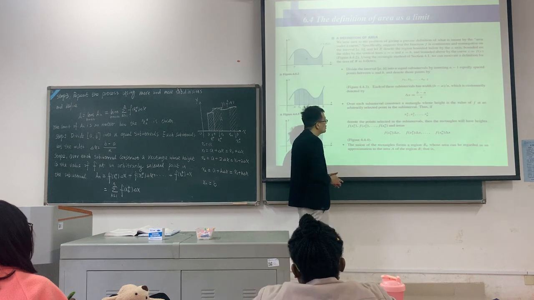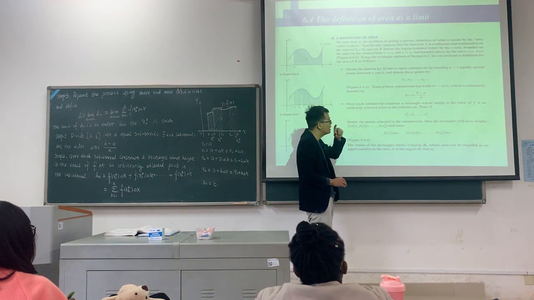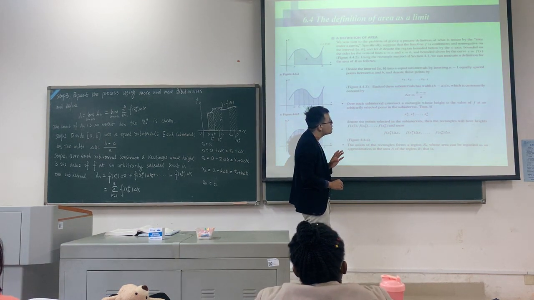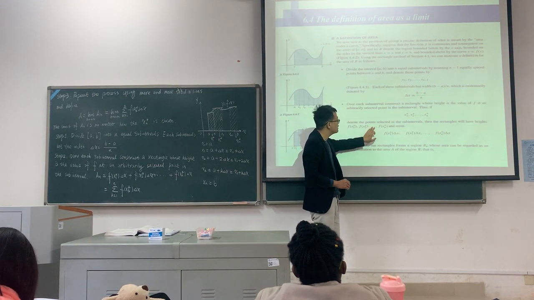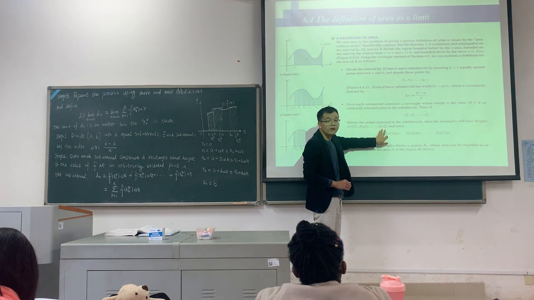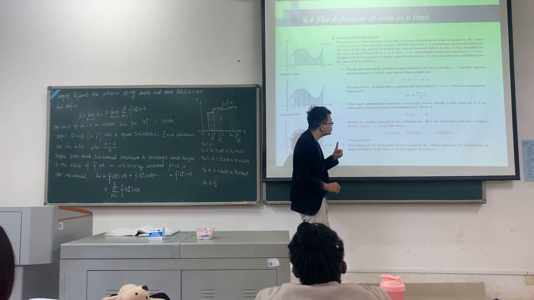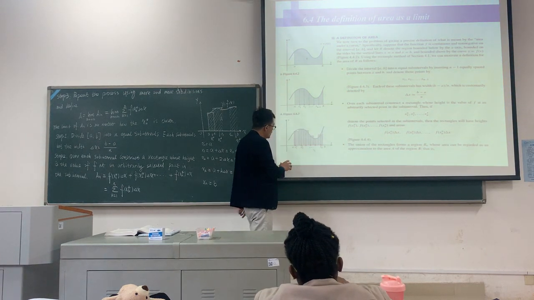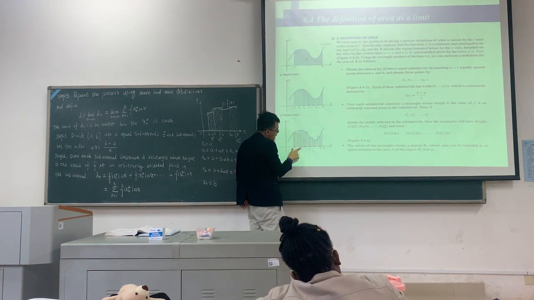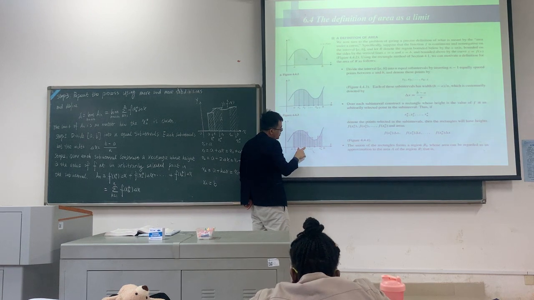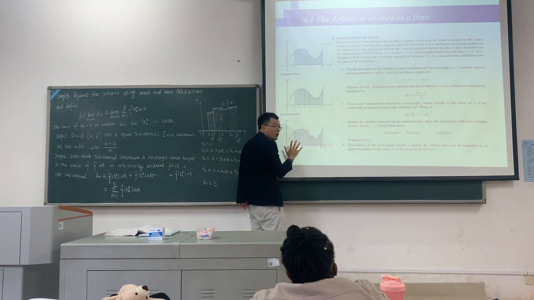Then the rectangles have heights f(x1 star), f(x2 star), up to f(xn star). For example, x1 star we choose here, x2 star here, x3 star here, and so on.